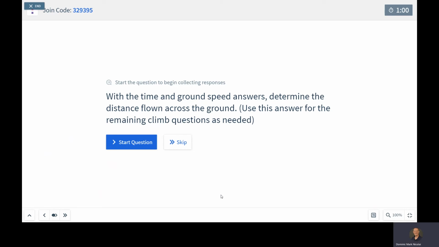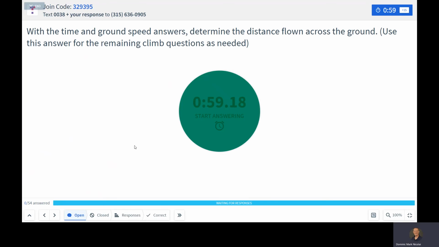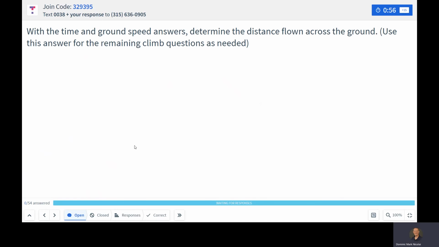Using the time and ground speed answers, which are 20 minutes and 129 knots, determine the distance flown across the ground. So 20 minutes and 129 knots.